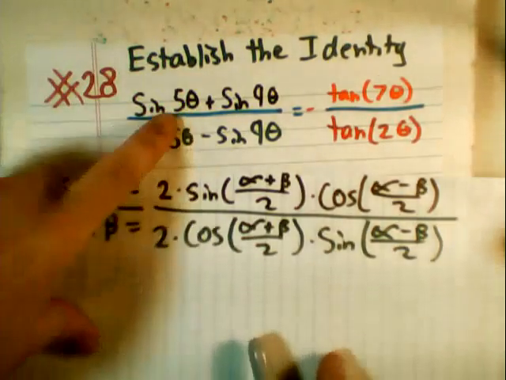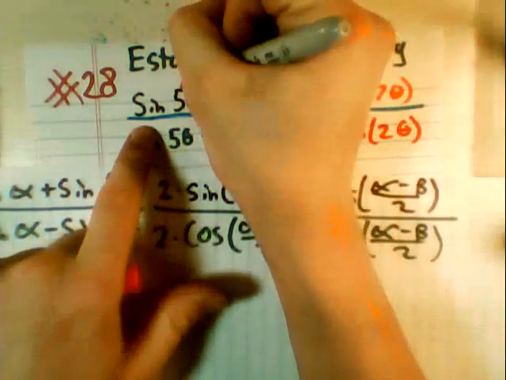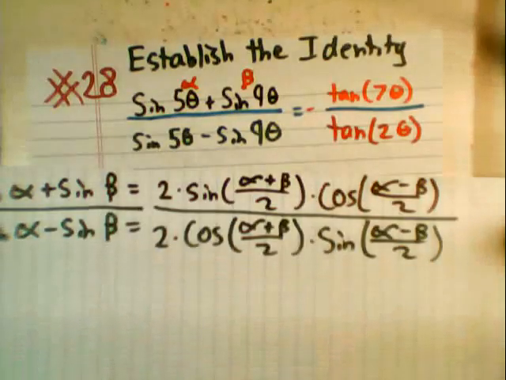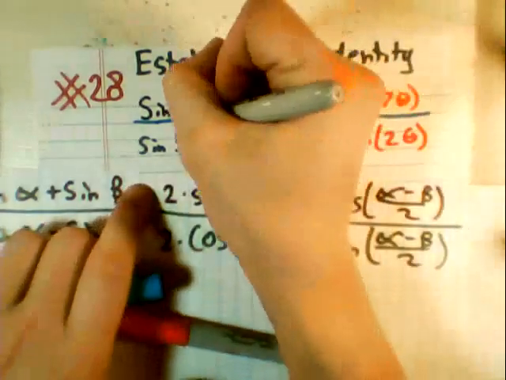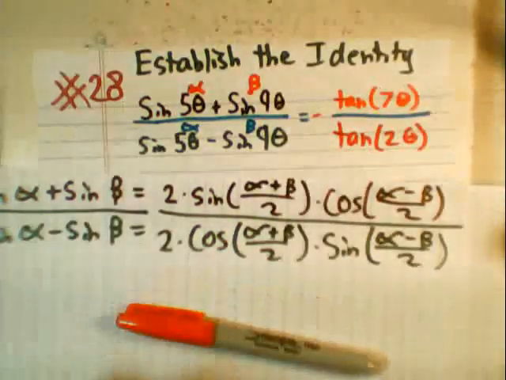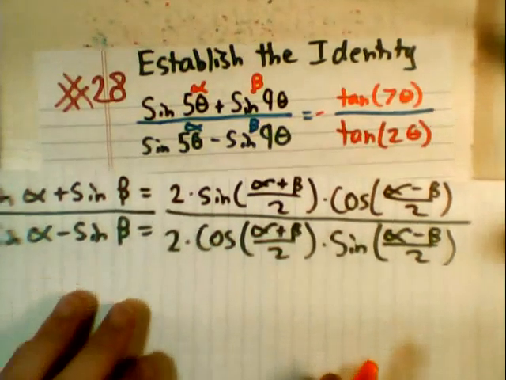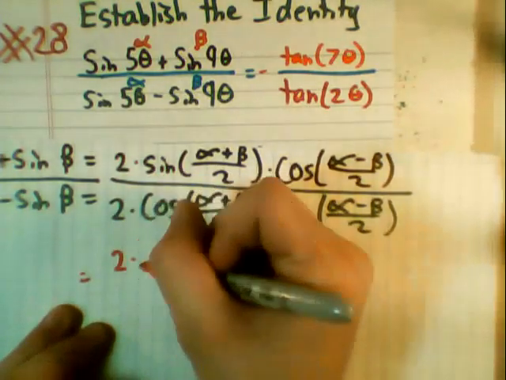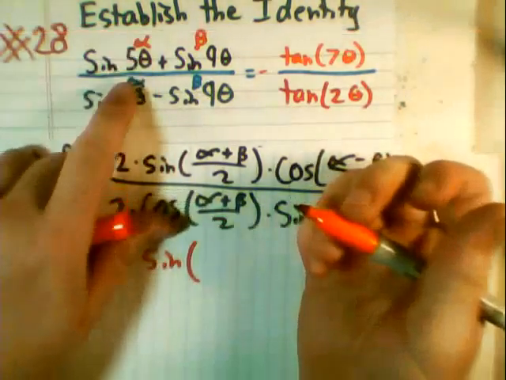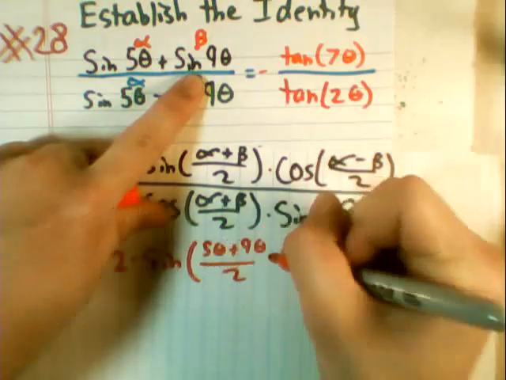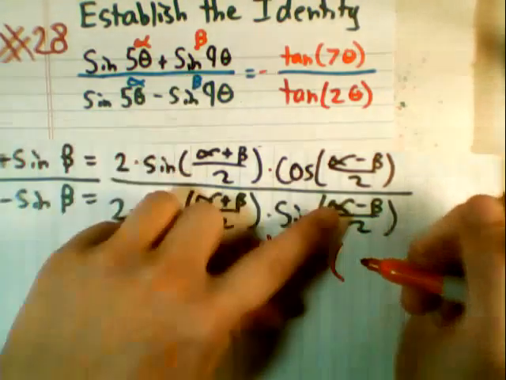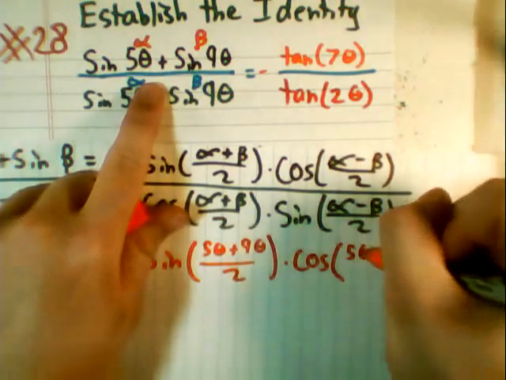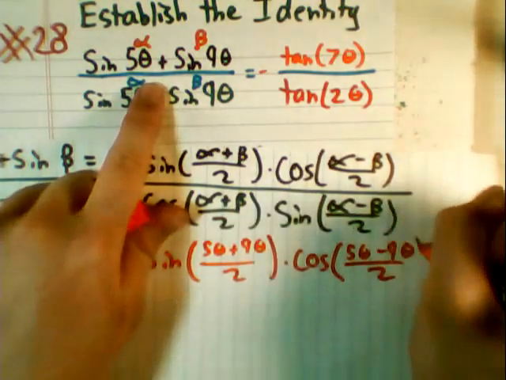So let's plug this in. This is our alpha, and this is our beta for the top, and for the bottom, this is our alpha, and this is our beta. I'll write it right here. We get 2 times sine of alpha plus beta, so 5 theta plus 9 theta divided by 2, times cosine of alpha minus beta, so 5 theta minus 9 theta divided by 2.